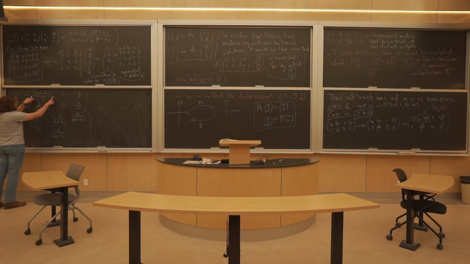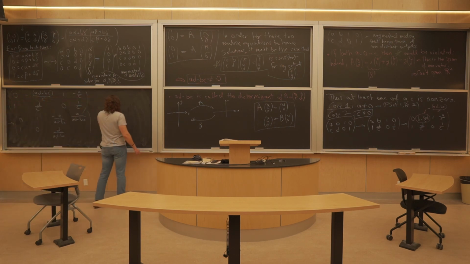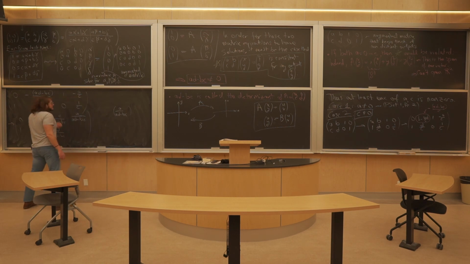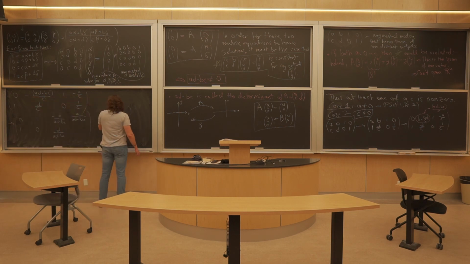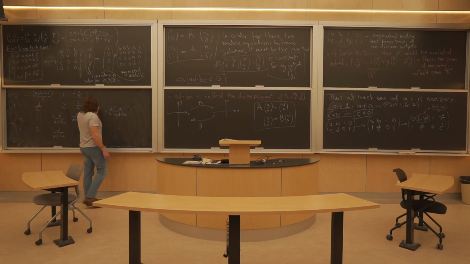I'm taking this and I'm subtracting it from here. So that means that I need to take this entry divided by ad minus bc, multiply it by minus d divided by c, and this I need to subtract from 1 divided by c.